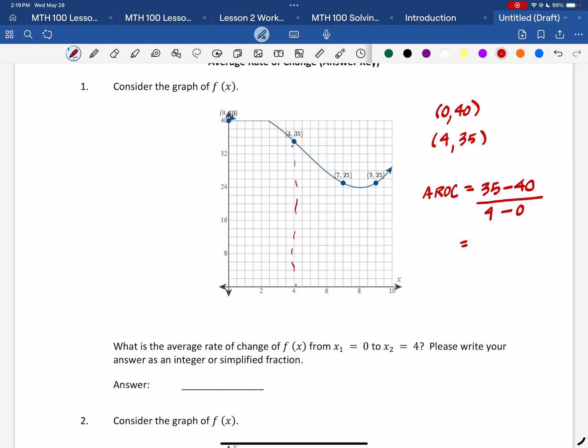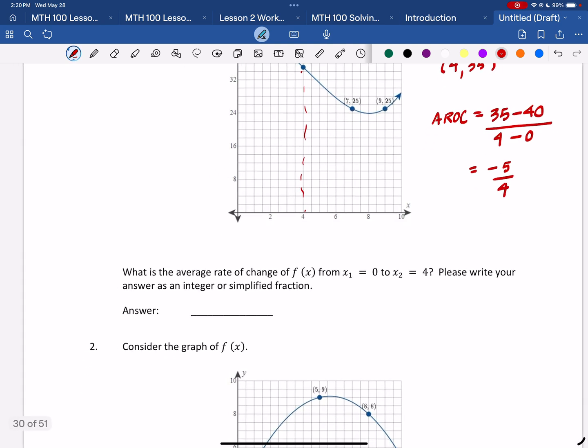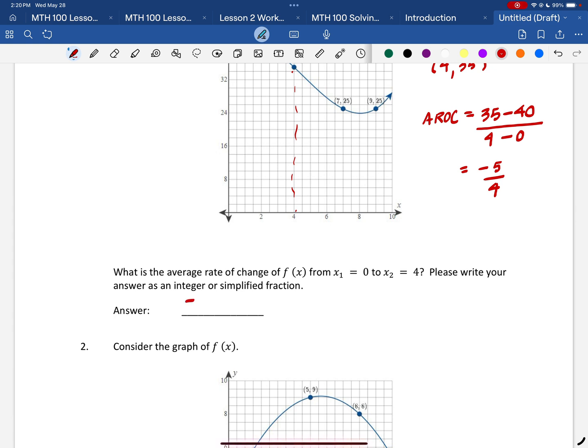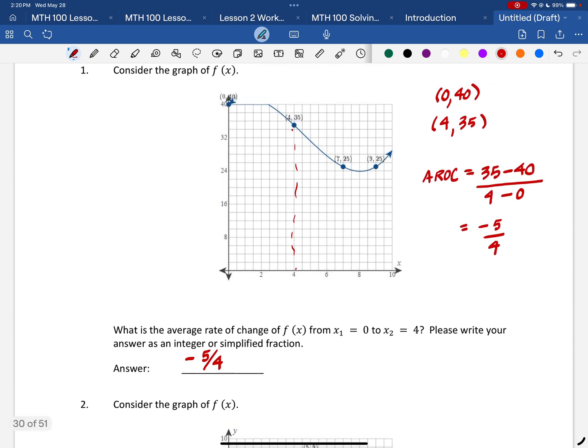So 35 subtract 40 is negative 5. 4 subtract 0 is 4. So our answer is negative 5/4. And if you remember how the slope of a line works, that would mean that you're going to go down 5 and to the right 4 between these 2 points.